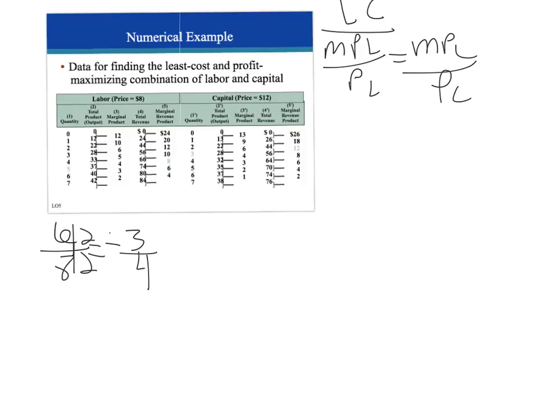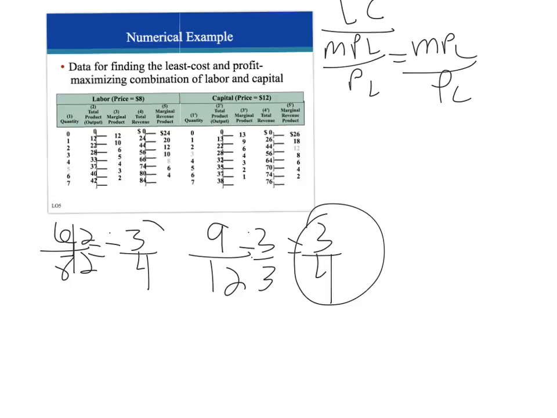And for the second unit of capital, marginal product is 9, and the price of capital is 12. We can divide this by 3 to simplify to 3/4. So it satisfies our least cost equation, where 3/4 here equals 3/4 here.